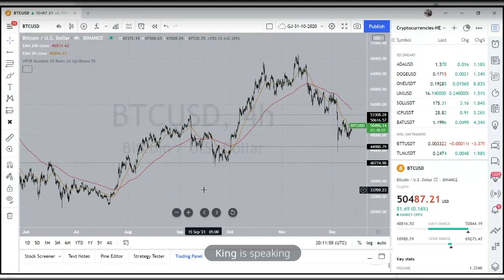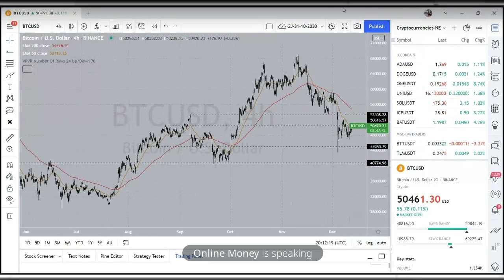When it hits the 50 EMA, you're looking for a bounce and you go long, and it falls through the EMA, is that what you're saying? So what I'm saying is, let's say the price is moving up and it's just gone over the 50 EMA.